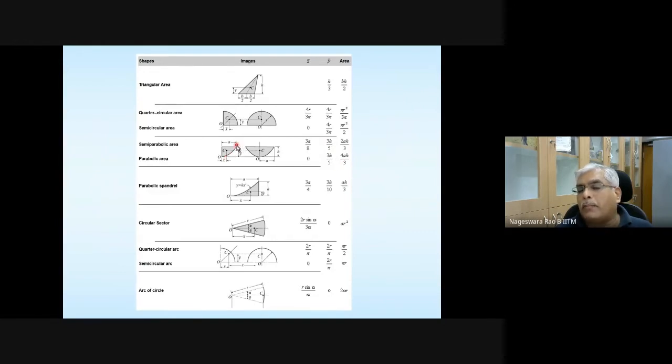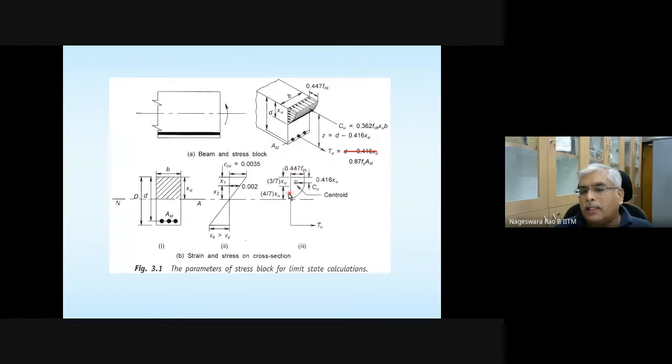And from the top, it's going to be 2H divided by 5, from the top of the semi-parabolic region. So the resultant compressive force from this semi-parabolic region acts at a distance from the top fiber of 3 divided by 7 xu plus 2 by 5 times 4 by 7 xu.